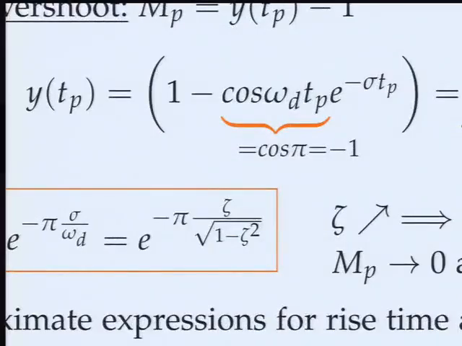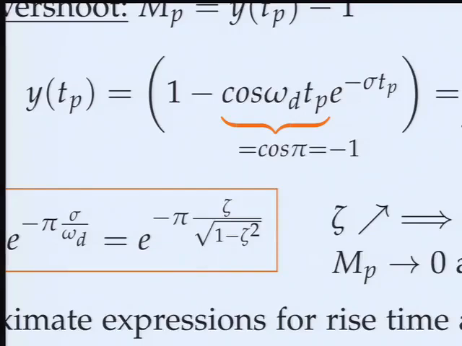When do I get exactly 0 overshoot? So the overshoot is e to the something, when does that become exactly equal to 0? If its argument is, zeta equal to 1, because then you have e to the negative infinity, which is 0, right?